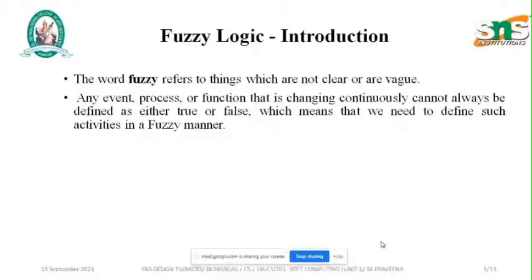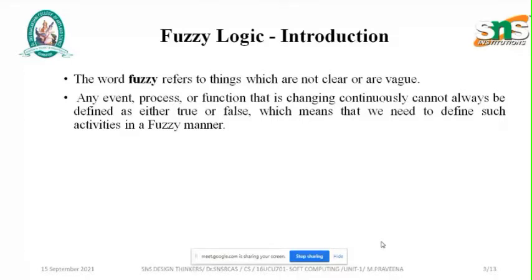Next, any event, process, or function that is changing continuously, then we call it as fuzzy. It cannot always be defined. Like Boolean, we know that true or false, one or zero, yes or no. Likewise, we can define it, but in fuzzy we cannot define it exactly.